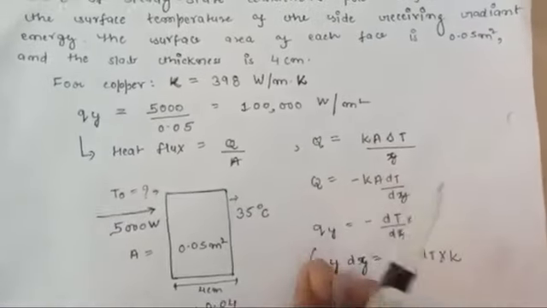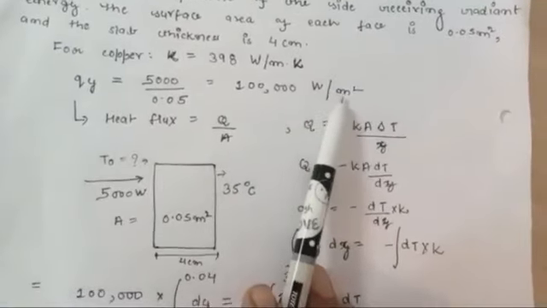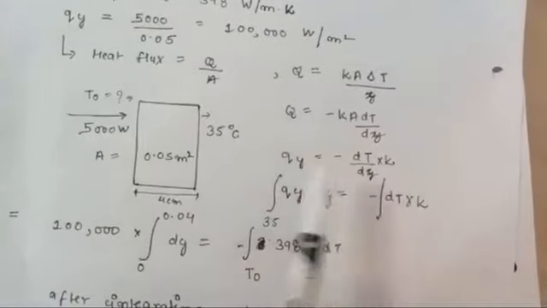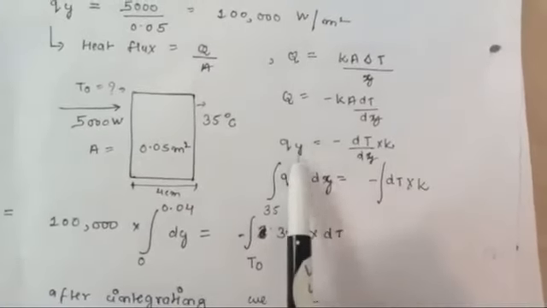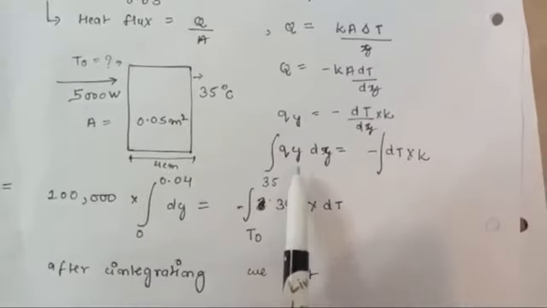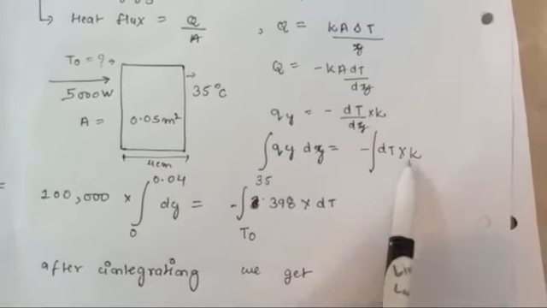Now the calculated heat flux is 1 lakh watt per meter square, which we are going to put in this equation. After rearranging the equation, we get Qy is equal to minus dT by dy into k. And the integral form of this equation is Qy dy is equal to minus k dT.